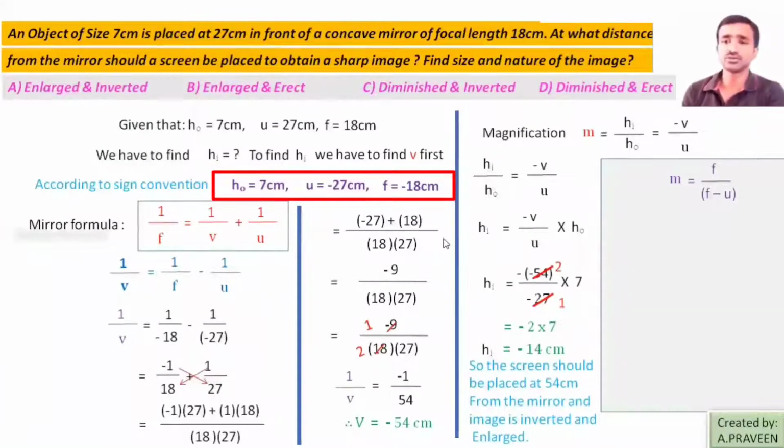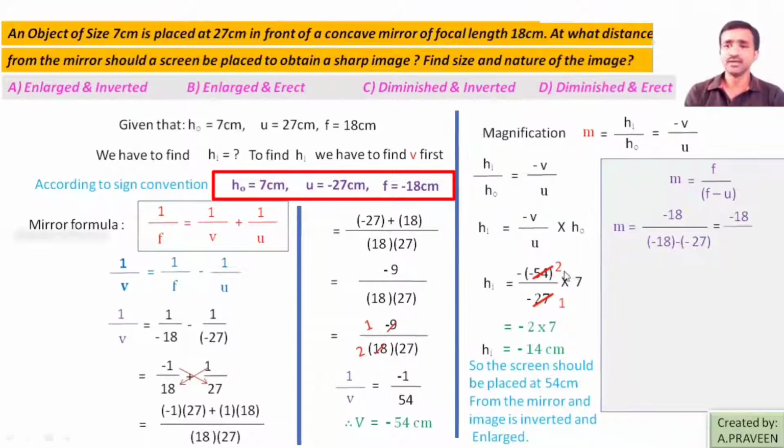Let me substitute those values in the relation M equal to F by F minus U. So here M is equal to F value, minus 18 centimeters, substituted. Then in the denominator also minus 18 is substituted for F and minus U, where U is minus 27. That is equal to minus 18 in the numerator as it is.